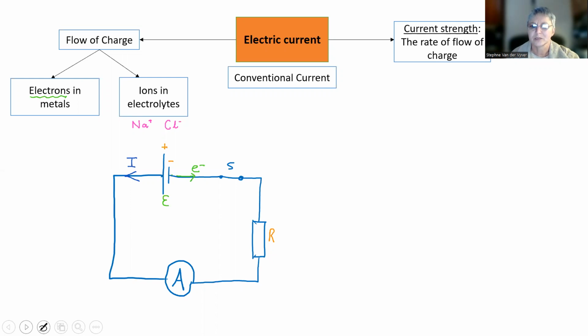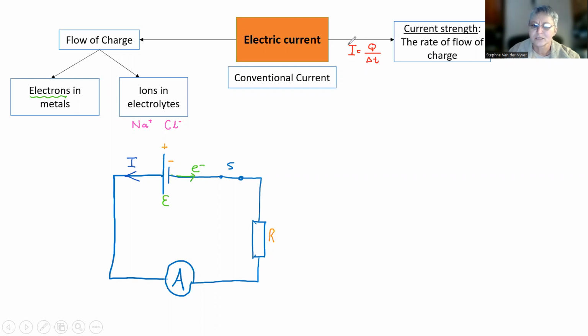Electric current strength is the rate of flow of charge. These words could be changed into a mathematical equation that would look like this: I equals Q over delta T. It means the current strength is the rate, how fast the charge will move from one point to another point.